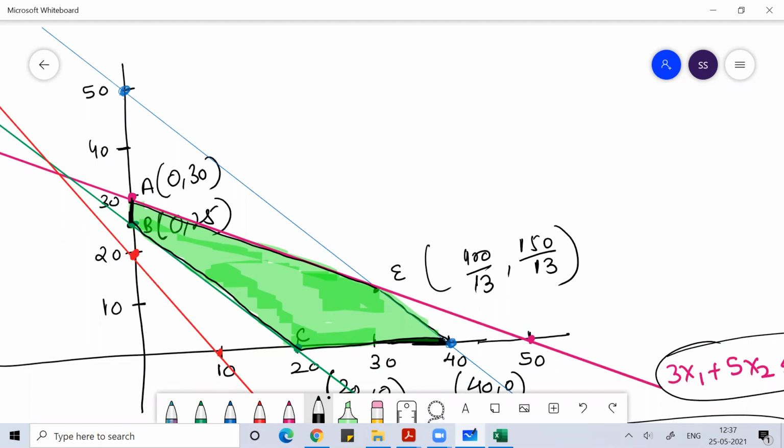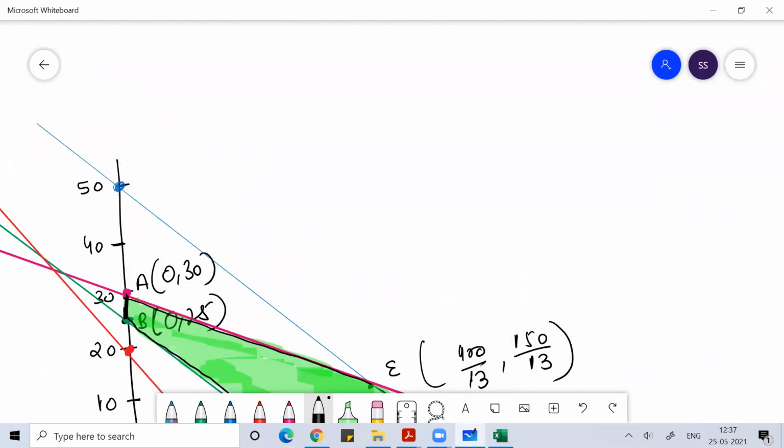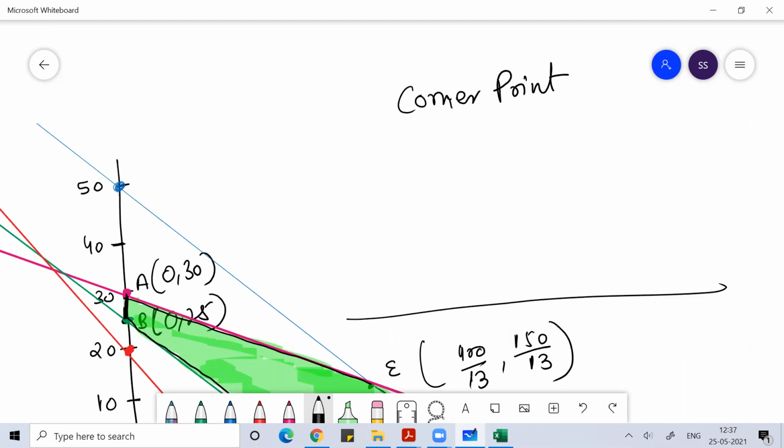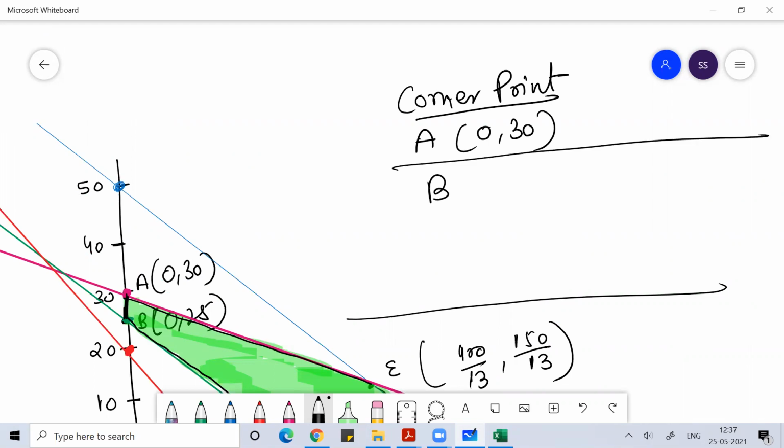Once I get this coordinate, this will be your corner point. Once we get these coordinates, we call them corner points. So point A is 0, 30. Point B is 0, 25.